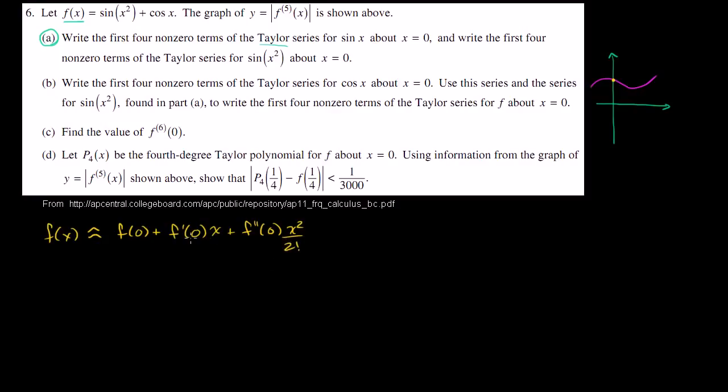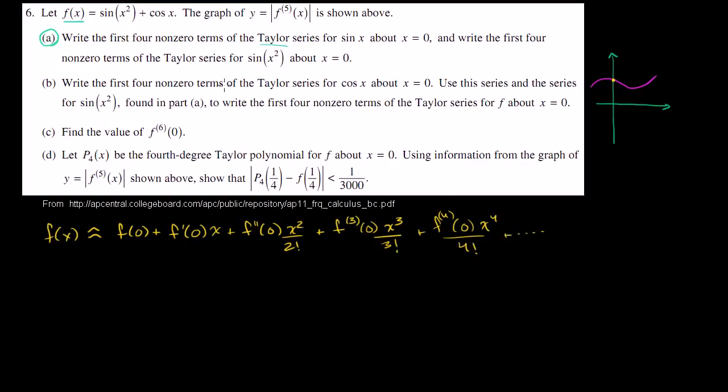You could have divided the previous term by 1 factorial, which is just 1. 2 factorial is just 2. Then plus the third derivative of f at 0 times x to the third over 3 factorial, plus the fourth derivative at 0 times x to the fourth over 4 factorial, and so on and so forth.